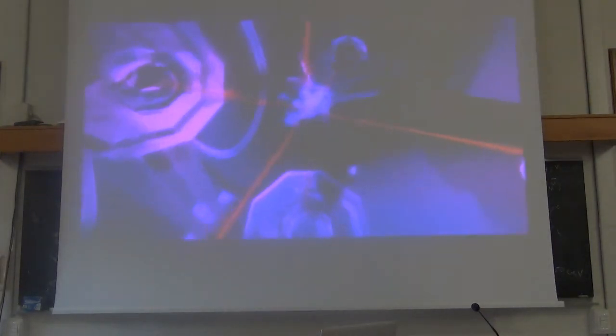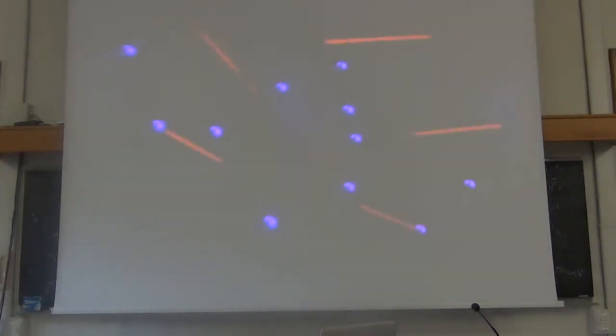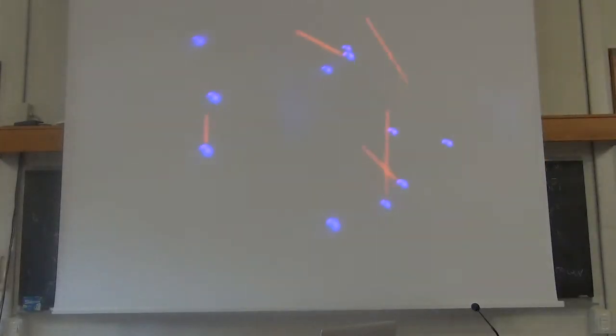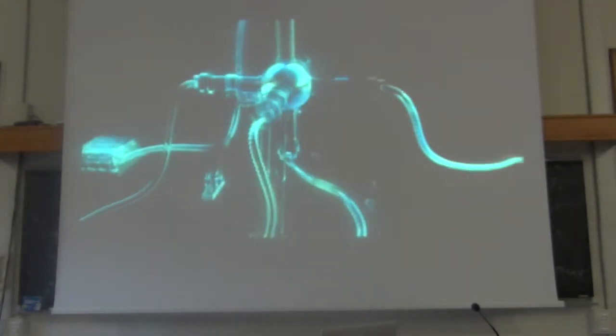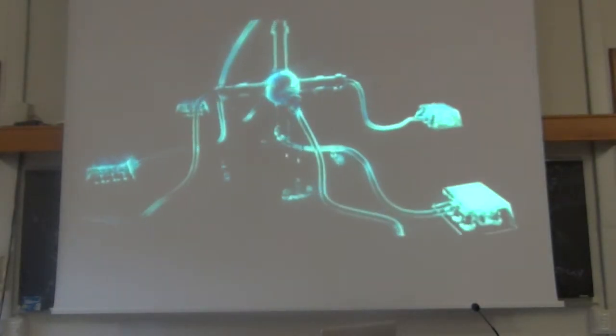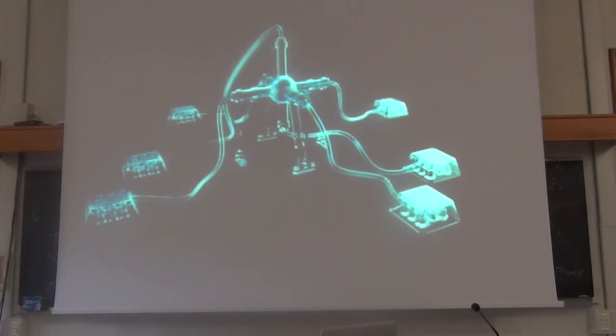When you shoot lasers on atoms and you put them in a magnetic trap, an optical trap, the atom cannot move any longer in any of the three directions, and therefore the only thing it can do is just cool down. With this technique, nowadays one can really explore new phases of matter.